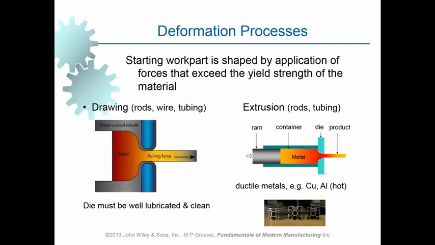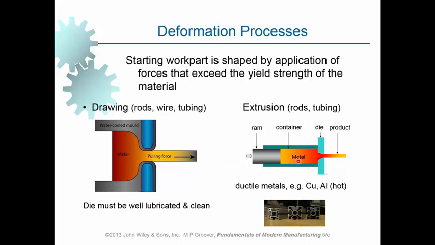And in this slide here we can see two other deformation processes. Those include drawing. In the drawing process there is a die here and the material is pulled out of the die opening, and when this happens the shape and geometry of the die opening will be left on the material.